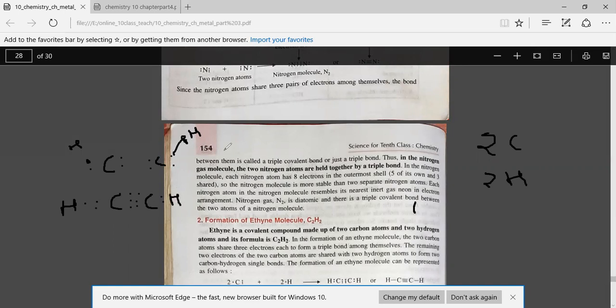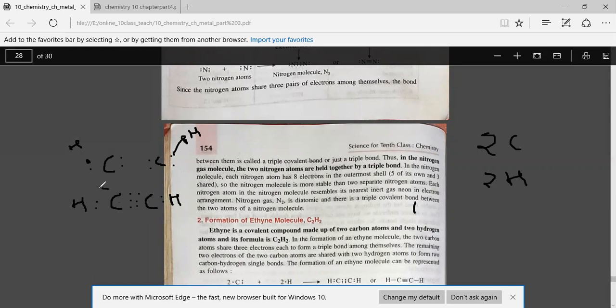So it's like this. So three pairs of electrons are shared between two carbon atoms, and one pair of electrons is shared between the hydrogen and the carbon atom.